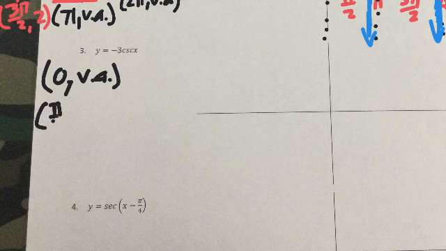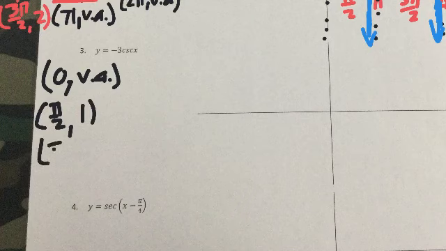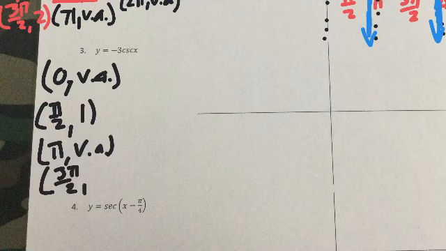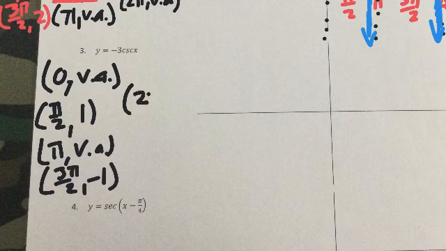Then at pi over 2, sine goes up, so this one's also going to go up to 1. Back to pi, 0 will be a vertical asymptote. 3 pi over 2 will go down to -1. And then 2 pi will be a vertical asymptote.